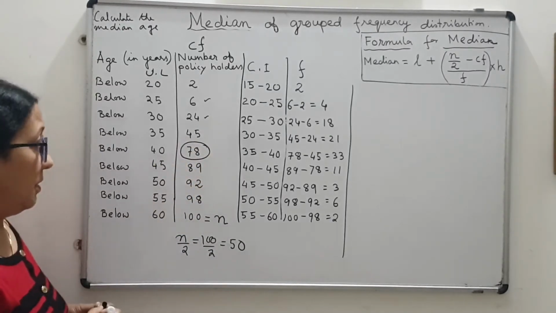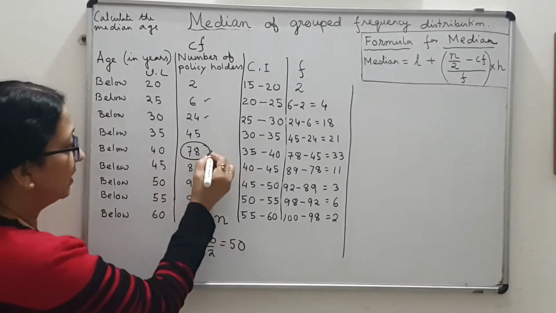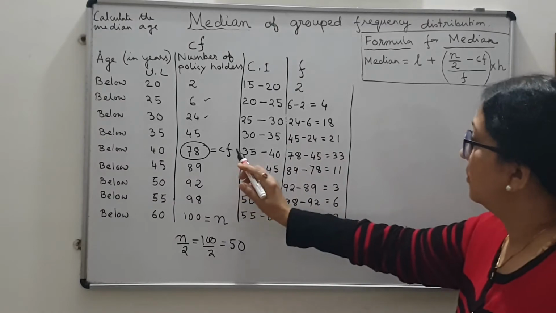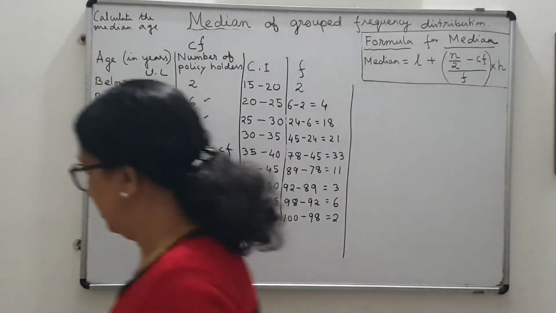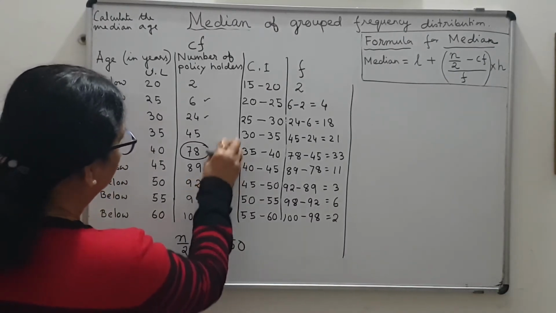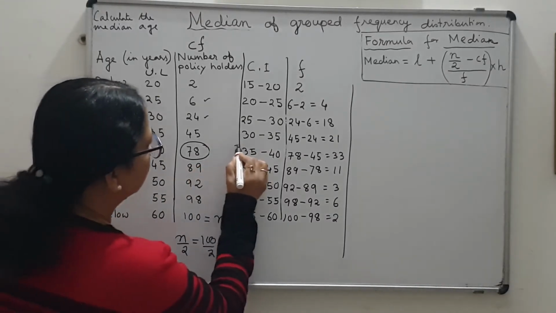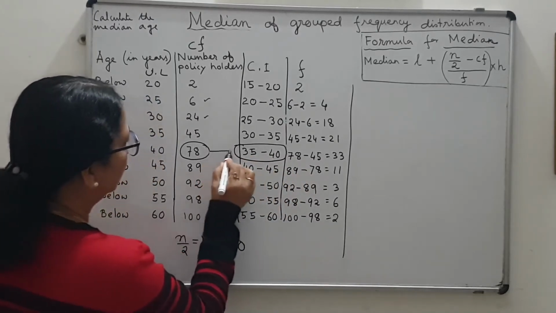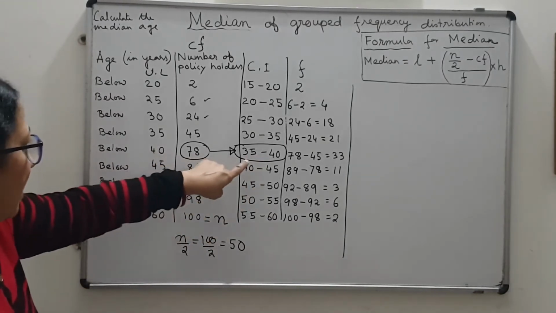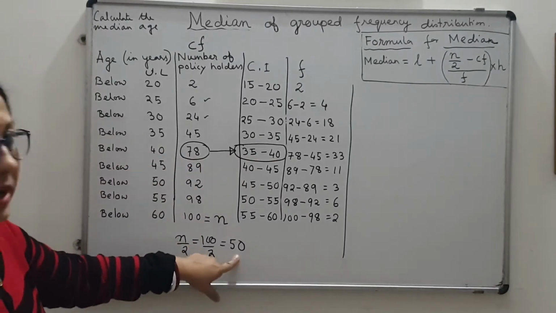45 is closest but it is less than 50, so I cannot take 45. It has to be greater. Sorry, I have to take this class. So corresponding to this will be the median class, because the cumulative frequency of this class is 78, which is greater than n by 2 and closest.